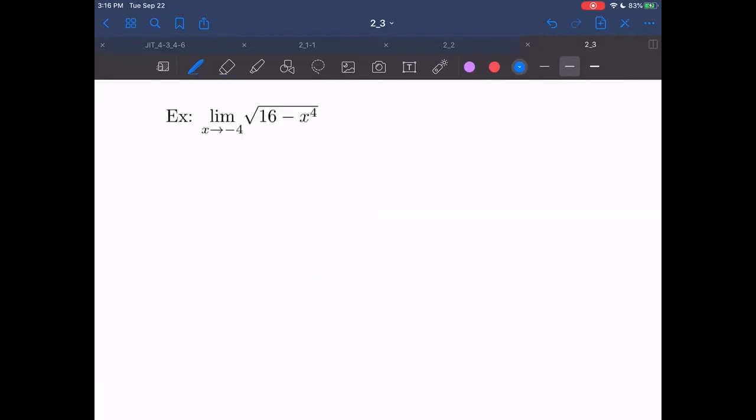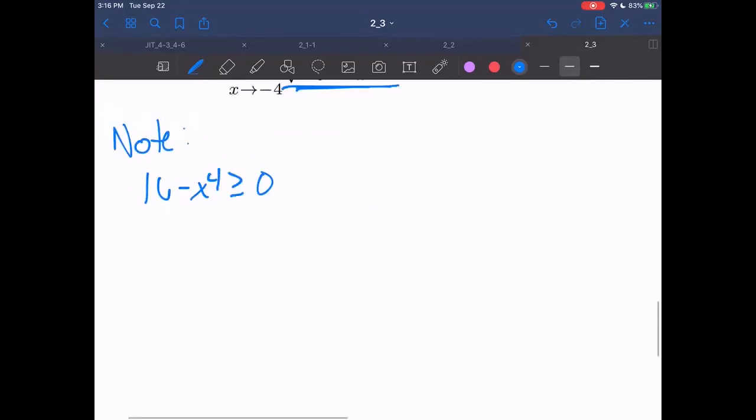So with a square root like this, we know that we can't have a negative under the square root. So do a little side note over here. So we know that 16 minus x to the 4th has to be greater than or equal to 0. So then we get 16 has to be greater than or equal to x to the 4th.